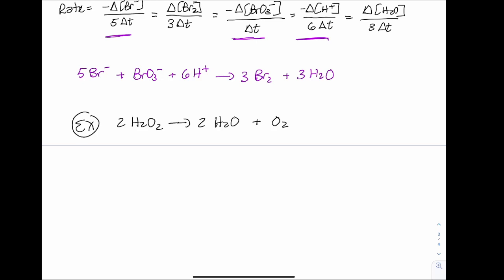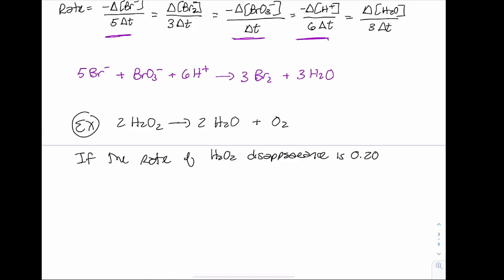And we're going to be given the rate of hydrogen peroxide disappearance. So if the rate of H2O2 disappearance is 0.20 molar per second, right? Change in concentration over change in time.